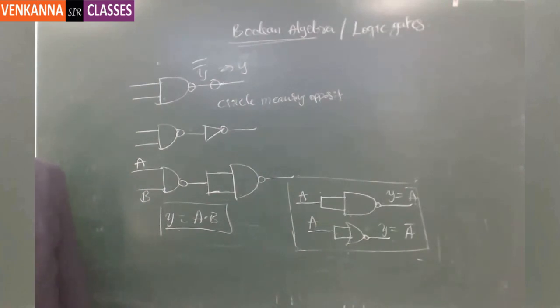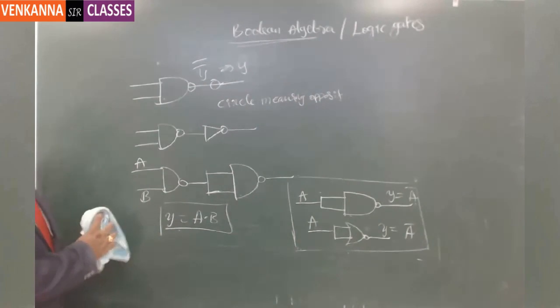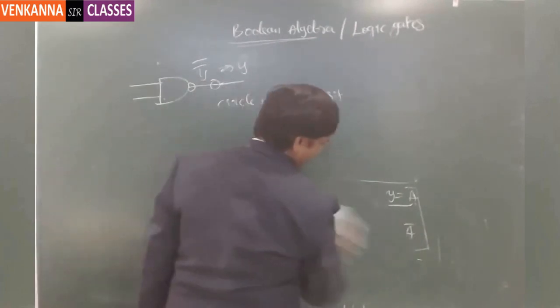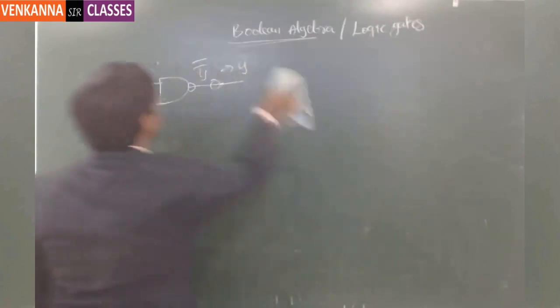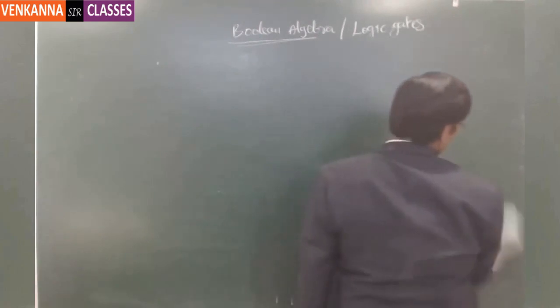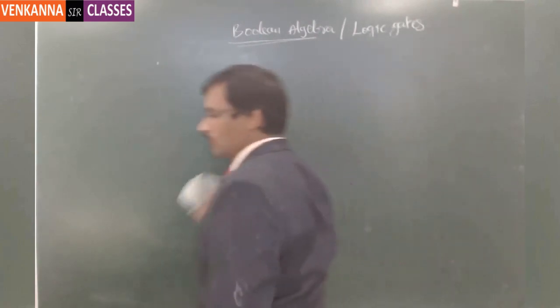How can we construct it? For that, before proceeding, let me introduce Boolean algebra. I hope it is noted. So these are the basic building blocks we can make use of to construct any bigger circuit of our own interest.